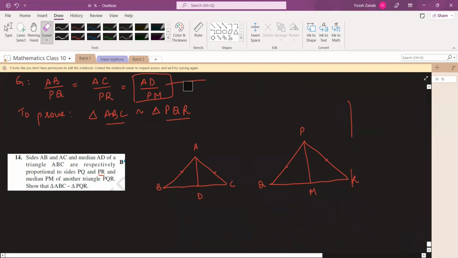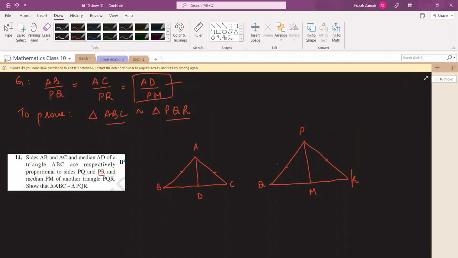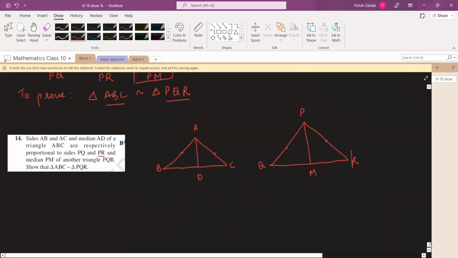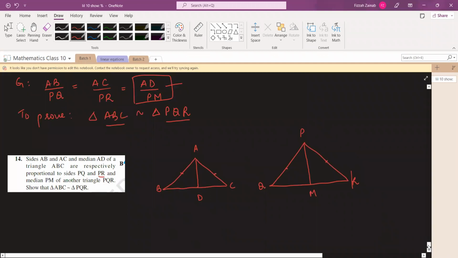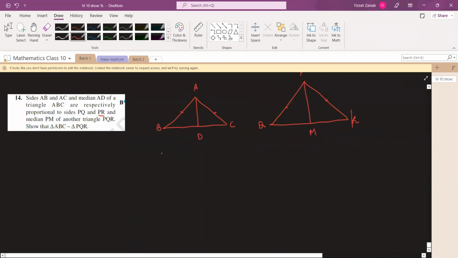Let's do some construction in this question.